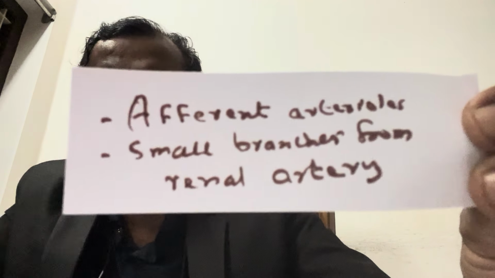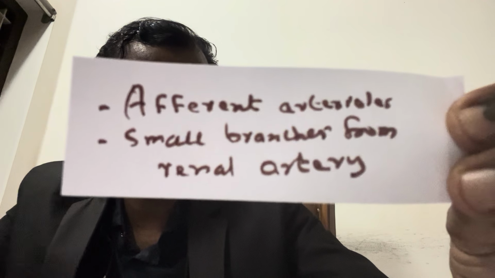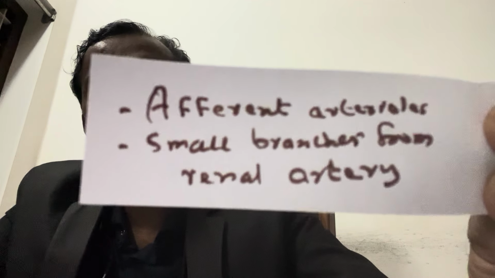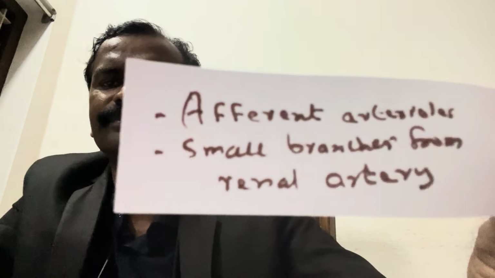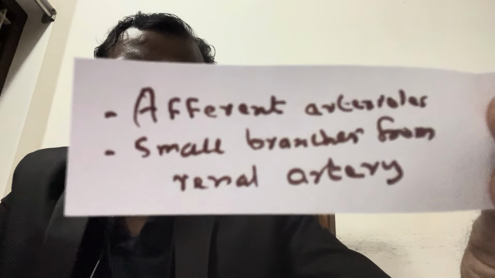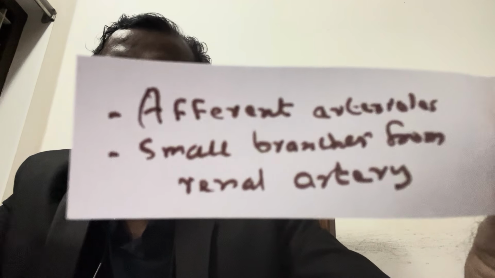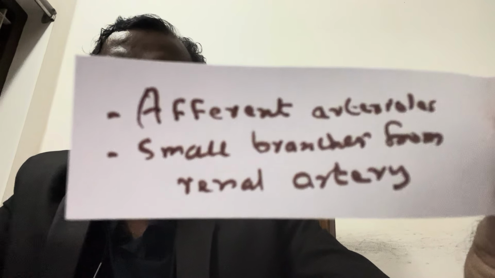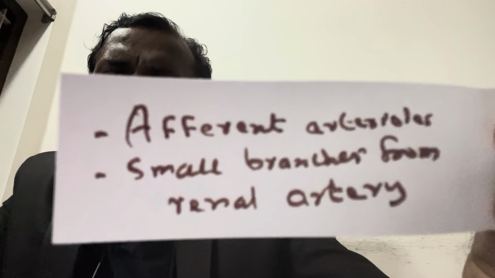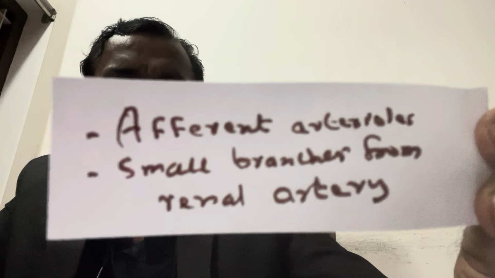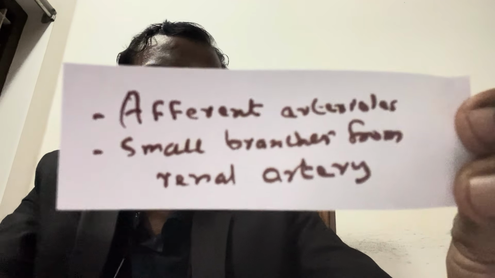This question they asked in 2024. Read the answer and tell me the question. Afferent arterioles, small branches from renal artery. Tell me the question. In kidney chapter, afferent arterioles, small branches of renal artery.